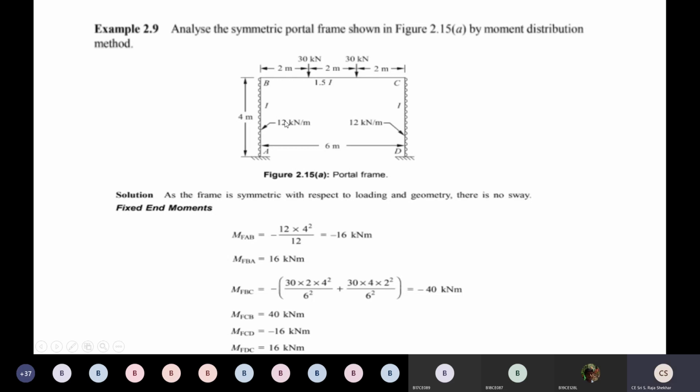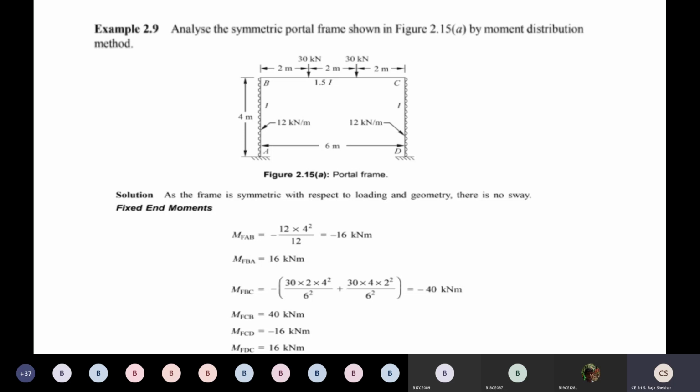What is meant by analysis in general? Analysis is nothing but finding end moments. That means moment at A, moment at B, moment at C, moment at D is analysis.